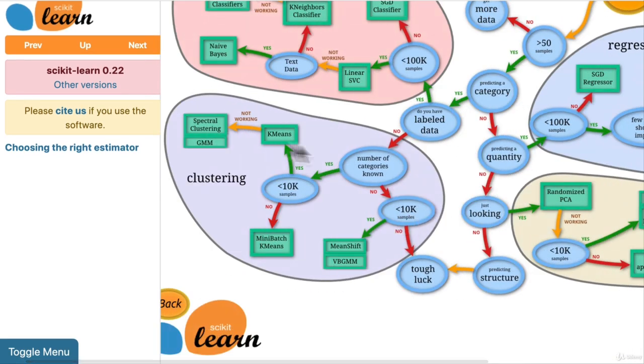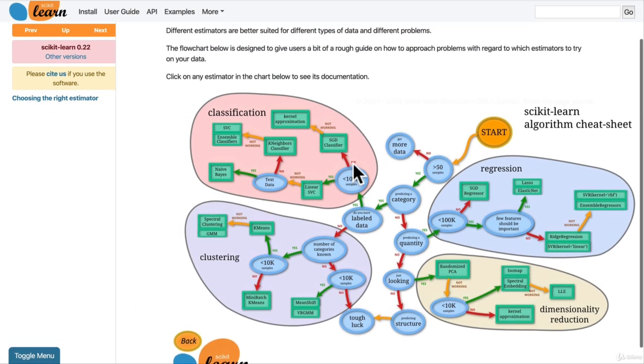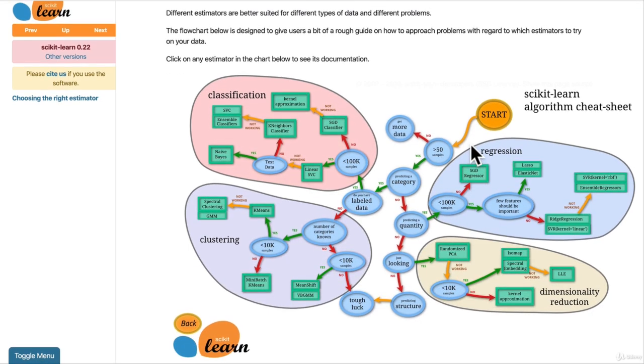And then for something like a clustering problem, we have these estimators. And then for something like a dimensionality reduction problem, we might want to use one of these. But let's get hands-on, right? Because at the moment, this graph or this flowchart, this map, whatever you want to call it, it can seem a bit confusing to begin with. So what we're going to do is get hands-on with a problem.